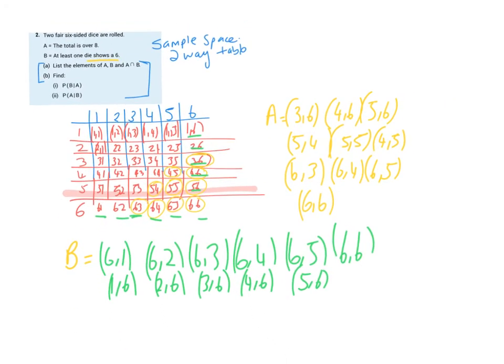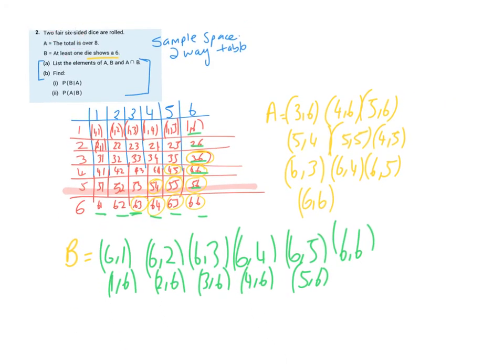Okay, so far we have looked at the question and written out event A and event B. The next question says, list A intersection B. So what if A and B happen together?